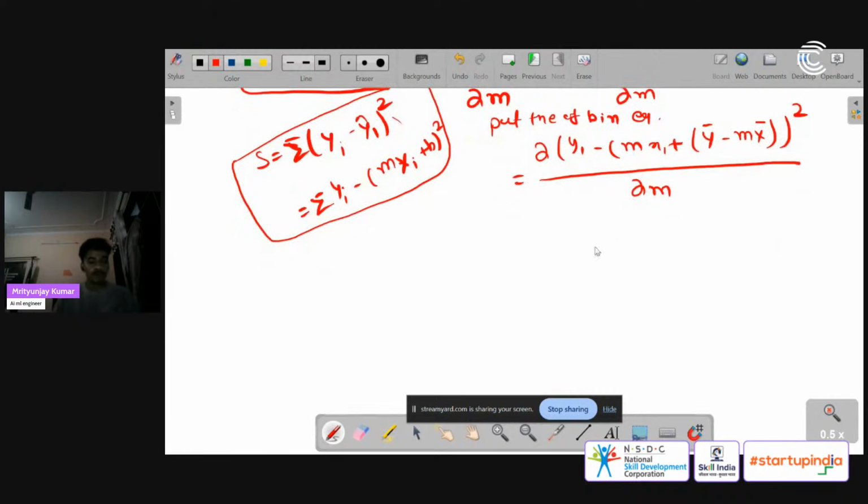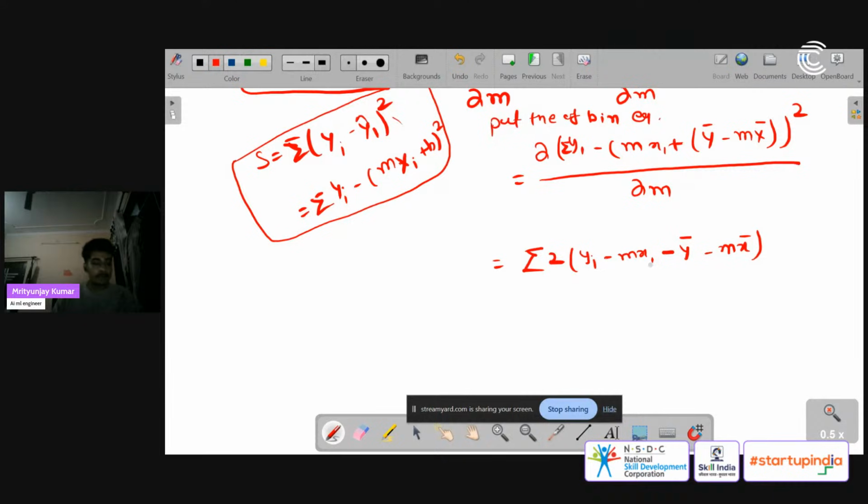So after differentiating this, what do we get? Firstly, we differentiate the square, so we get 2. One thing I missed out is the summation, i from 1 to n. So summation of (y_i minus m x_i) minus (y bar minus m x bar), and again with respect to m we have to differentiate.